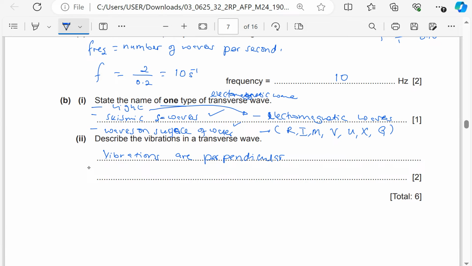When I say perpendicular, it means at right angles to the direction of propagation of energy.